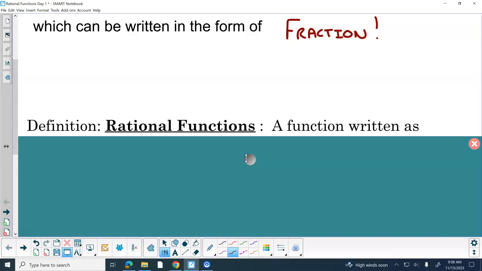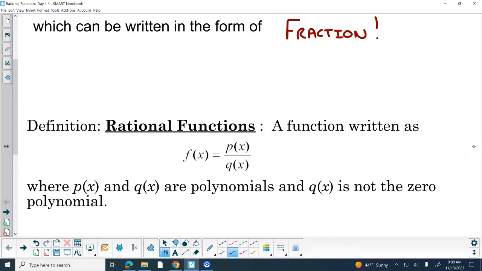Rational function would be a function that has functions within it in the form of a fraction. So a rational function is a function that has a fraction. The numerator of the fraction is its own function. The denominator of the fraction is its own different function.